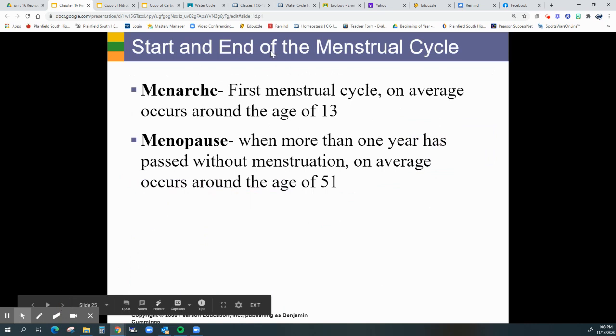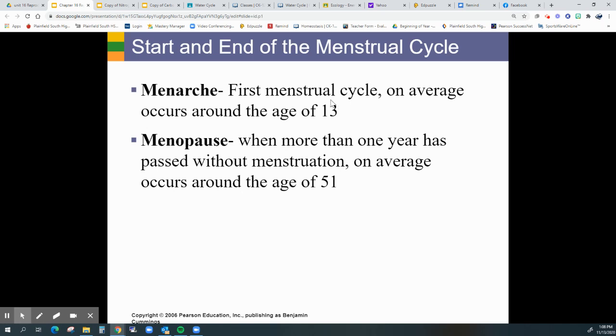The start and end of the menstrual cycle. Menarche is the start of it. Like we said, it usually happens around age 13. It can happen before, it can happen after. To be honest with you, it's actually driven by weight. Once a female reaches about 100 pounds, then they are healthy enough to have their first menstrual cycle.